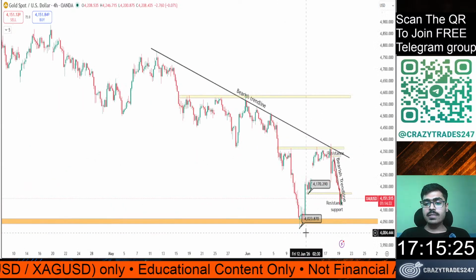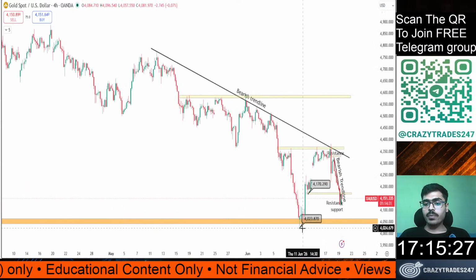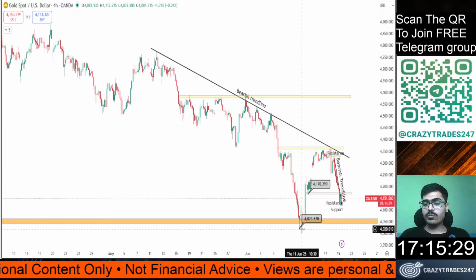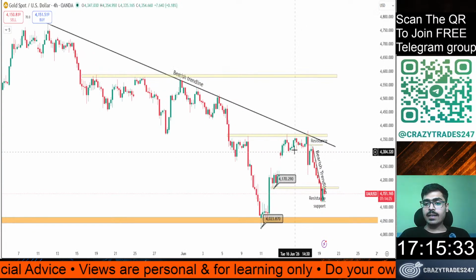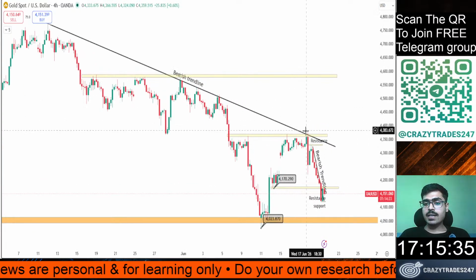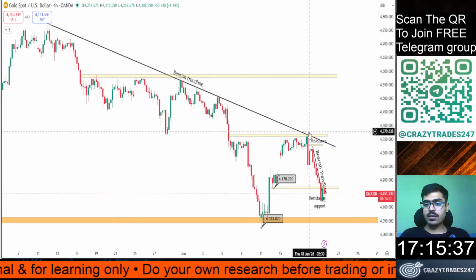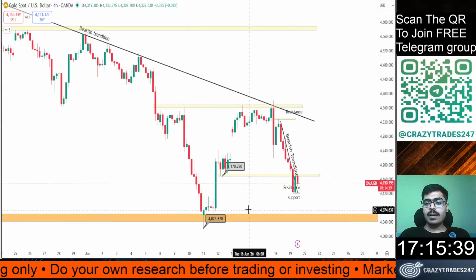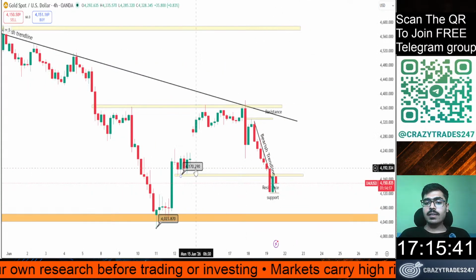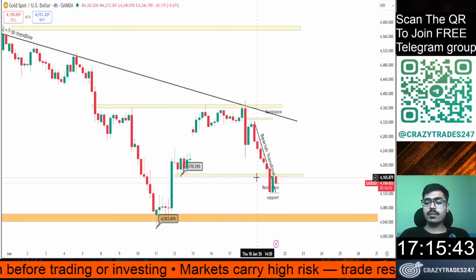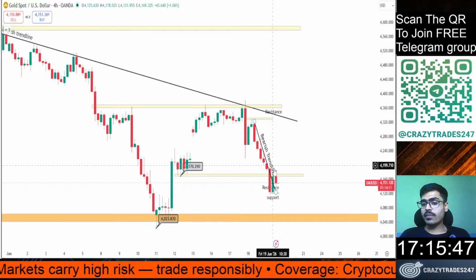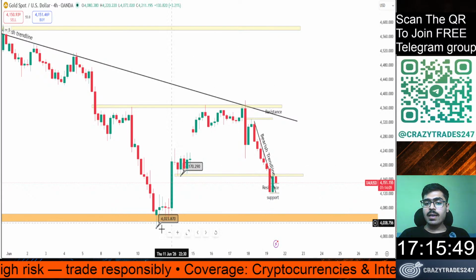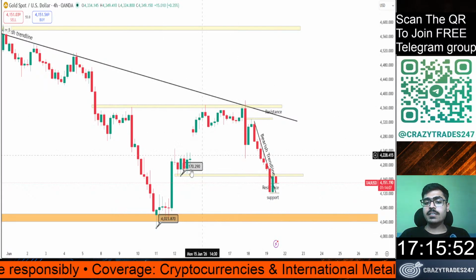It continued till this level of 4023, and after making this new low of 4023, price recovered very quickly, and it found a resistance at the level which we have discussed just now. Up until the level of 4170, we were thinking that the downfall we are witnessing right now is actually the retracement of this up move.